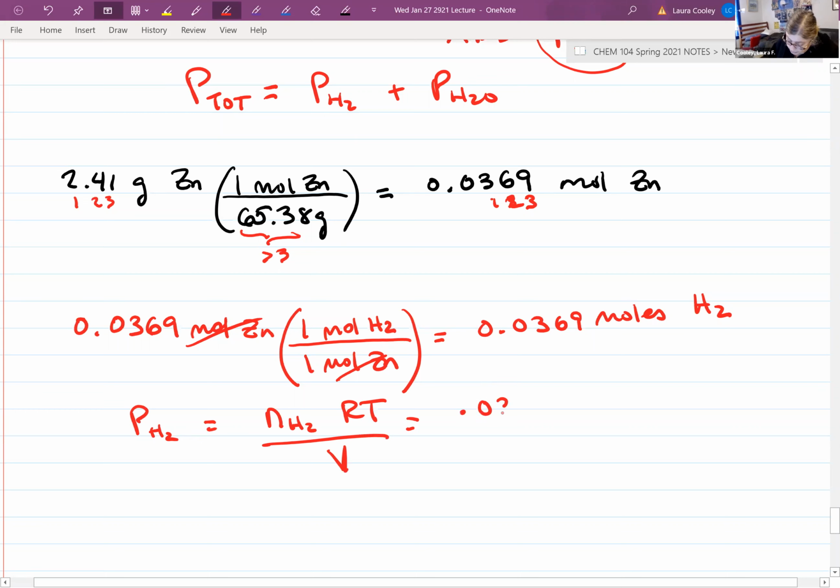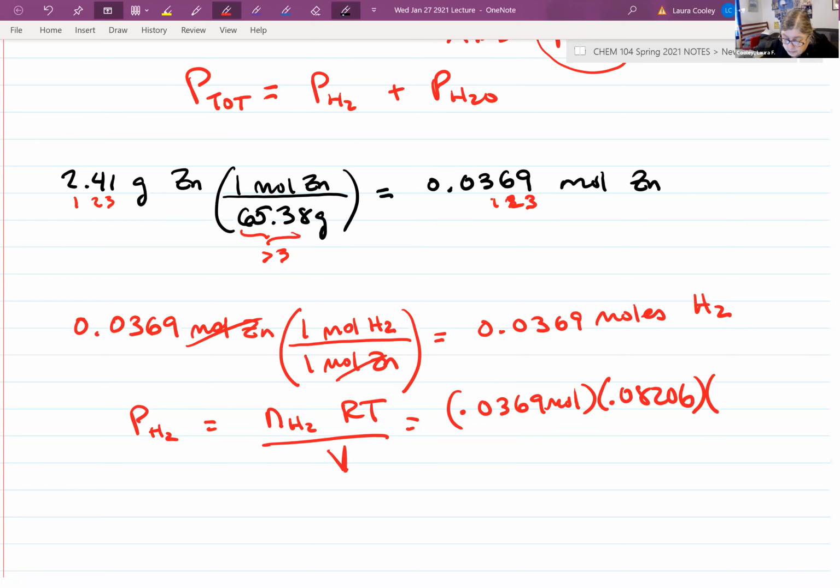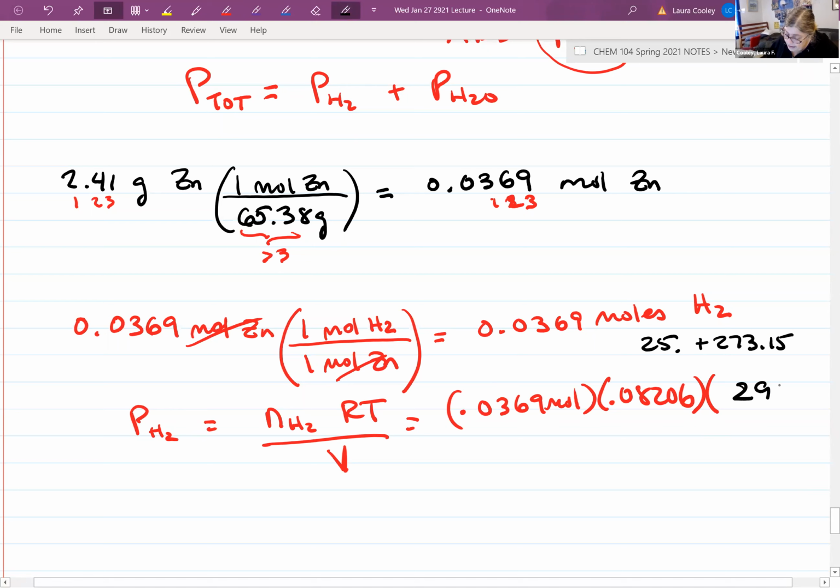So 0.0369 moles, 0.08206. What was T? 25 degrees C. So that's just 298 Kelvin over, and the volume is 1.80.